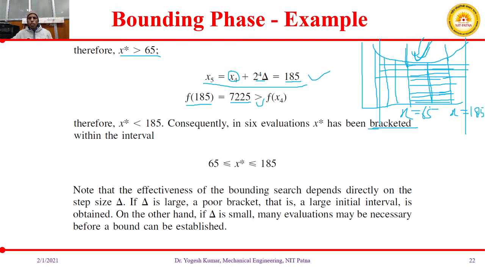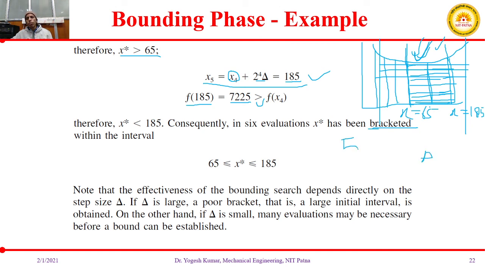Okay, so there are other things also which you can do. After calculating this bounding phase in one step, you can apply the bounding phase algorithm again, and that time you can reduce the step size.